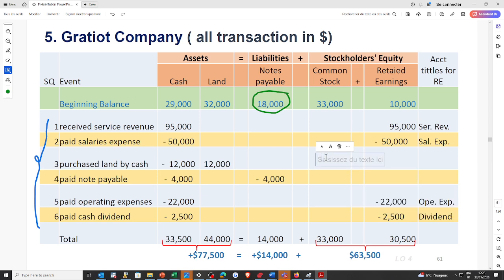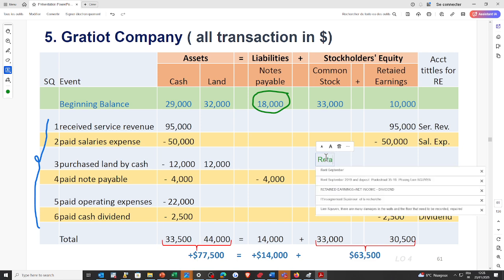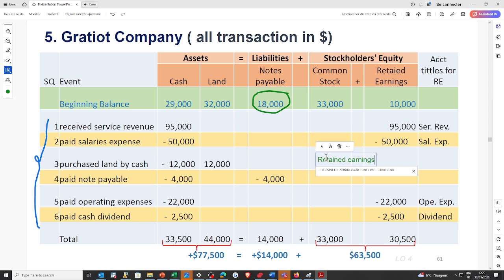Retained earnings at the end should be equal to retained earnings at the beginning plus the revenue during that period minus the expenses.